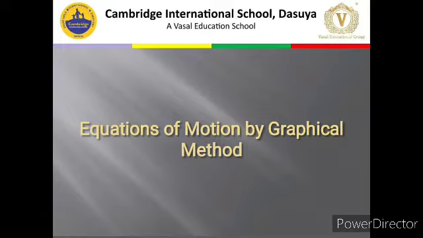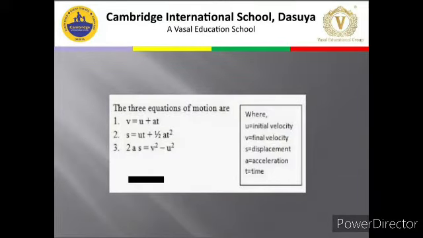The 3 equations are: v is equal to u plus at, s is equal to ut plus half at square, and the third is 2as is equal to v square minus u square. You know the terms very well now: u is initial velocity, v is final velocity, s is displacement, a is acceleration, and t is time.